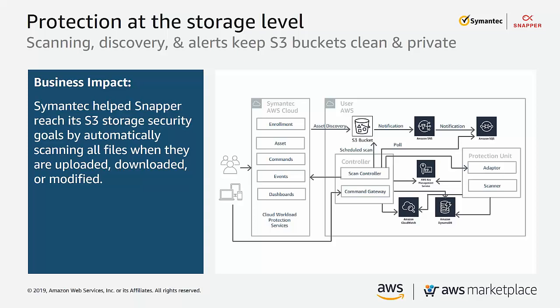Snapper signed up for a free trial, and within a couple of hours they were able to turn this on and start scanning and protecting their S3 data. So no lengthy process to get hold of the software. It was a pretty straightforward sub-one-day task for them.